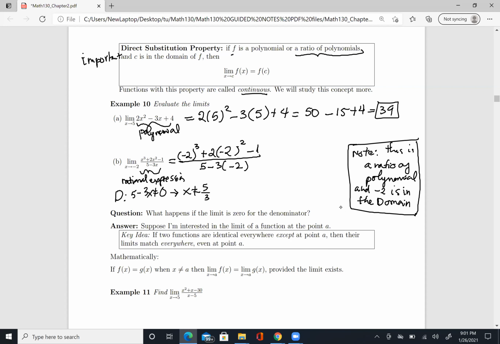Wherever you see an x, change it to -2. Now use a calculator. You're going to have -2/3 going to be -8 plus 2 times -2 to the power 2, which is 4, and minus 1, divided by 5 plus, because the negative and negative is plus.